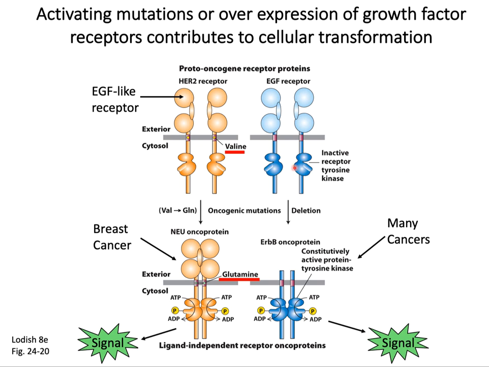In many other cancers, like epidermal growth factor receptor is involved. Again, this is a typical receptor tyrosine kinase. In many cancers, you do see a truncation mutation such that you lose the large portion of the extracellular domain as shown here on the bottom right.